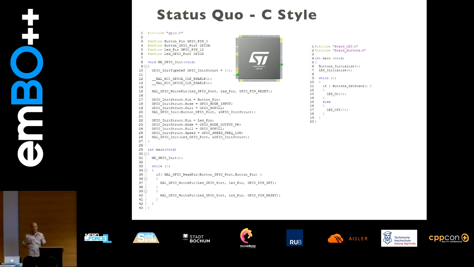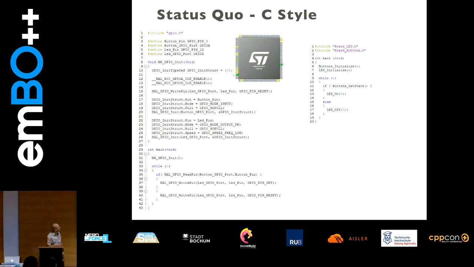CMSIS tries to do that, but it's not perfect, and it tries to emulate object orientation, but in my opinion it's not implemented so nicely. But if we look here, what do we have? This is the application code. If you can't read it, we use the defines that we defined up here.